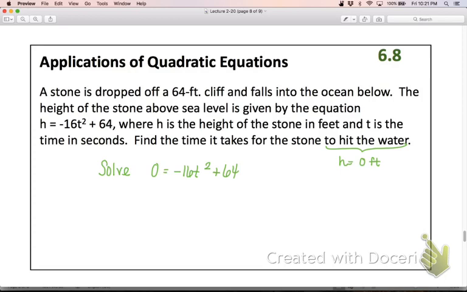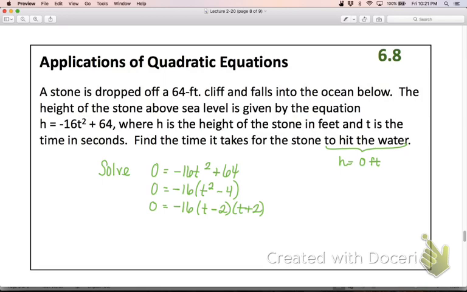Now this one's already equal to 0, so you would want to look at solving by factoring here. And if you look first for a GCF, you see that you can factor out negative 16. So that gives me t squared minus 4. That's a difference of squares. So we get t minus 2 and t plus 2. And so where do each of these equal 0?